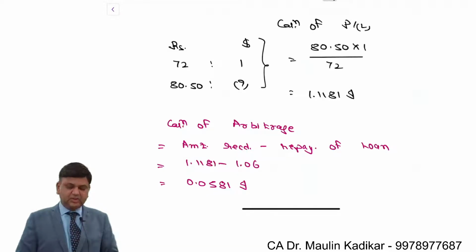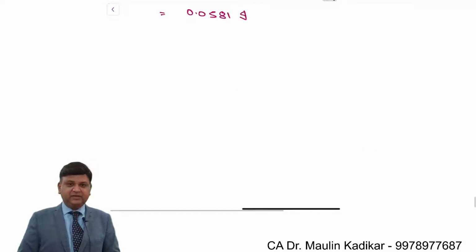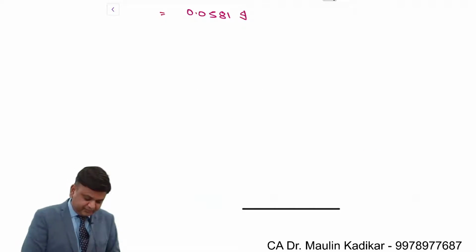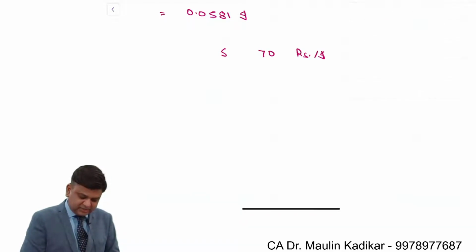So again friends, over here the learning point of the chapter that we have is that spot exchange rate is 70 rupees per dollar. Rupee currency rate of interest is 15%. Dollar currency rate of interest is 6%.